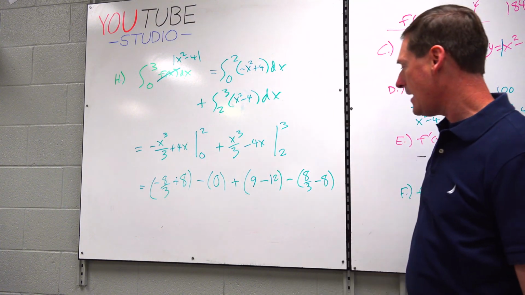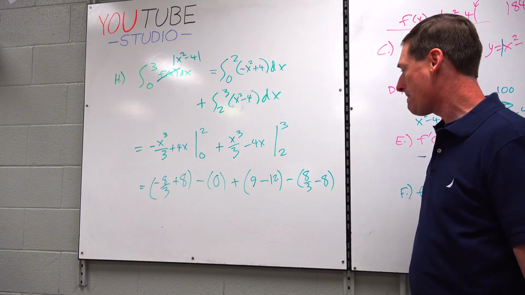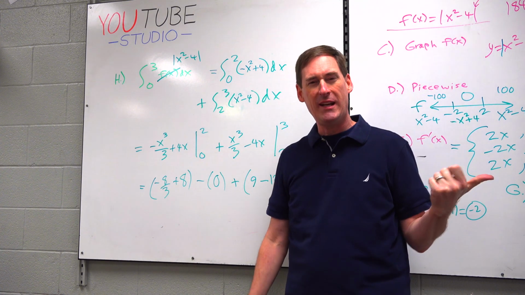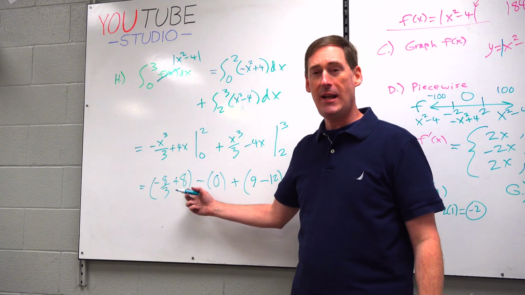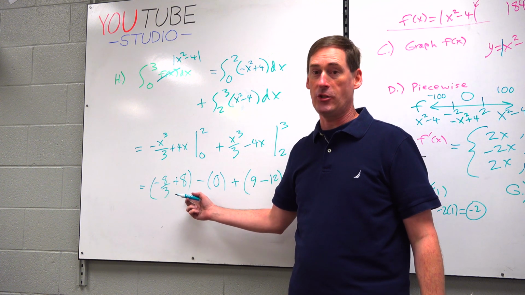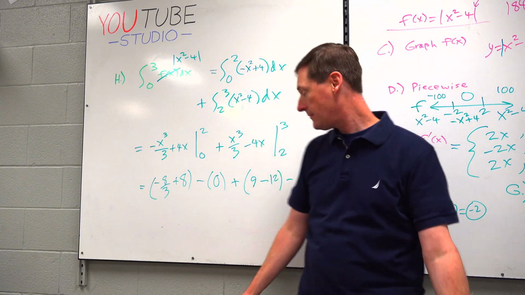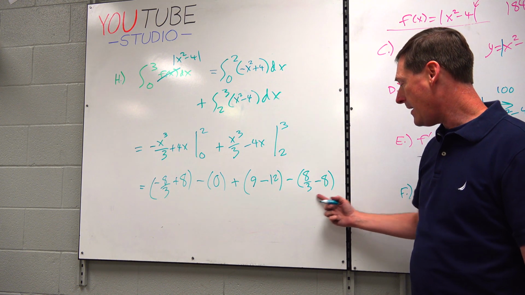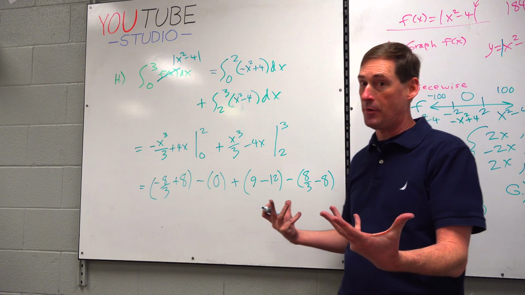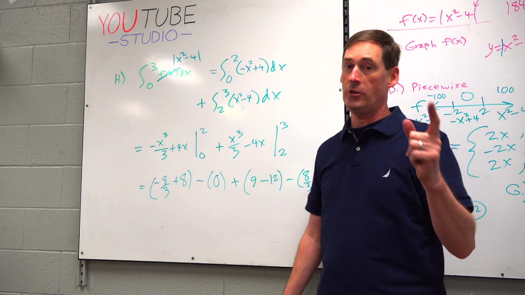So we need to make something nice out of this whole mess here, right? Now, I know you're trying to kick back to your old training from middle school and say, shouldn't I just get a common denominator between the 8 thirds and disguise 8 as 24 thirds? I would not. And you're trying to make this minus 8 into minus 24 thirds and get common denominators inside the parentheses. See, you're going back to your training.